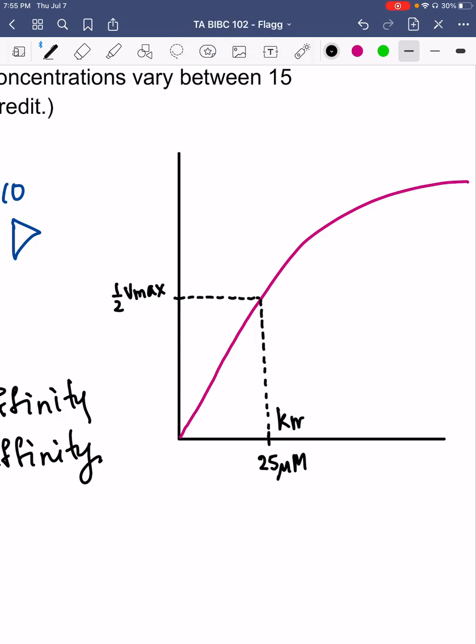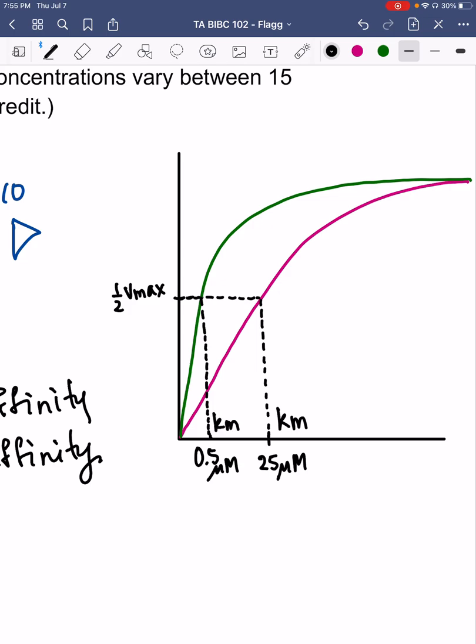So that's the Km of the first one. And now let's take a look at the second one. The second one is going to have a smaller Km, so my graph needs to be a lot steeper, and they have the same Vmax, right? Same Vmax. And the Km in this case would be down here, and this graph that I just drew is not proportional whatsoever, but let's just say that is 0.5 micromolar.